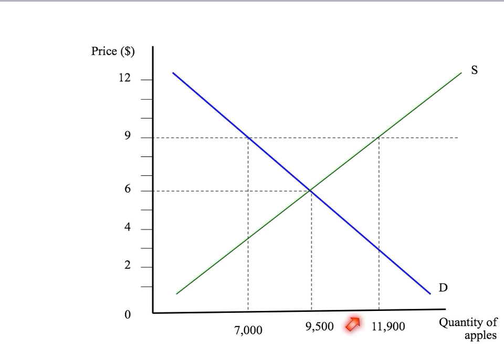So the quantity that sellers would like to sell is significantly greater, 4,900 kilograms greater than the quantity that buyers would like to buy. We call this gap, the difference between the 11,900 kilograms that sellers would like to sell and the 7,000 kilograms that buyers would like to buy, excess supply.